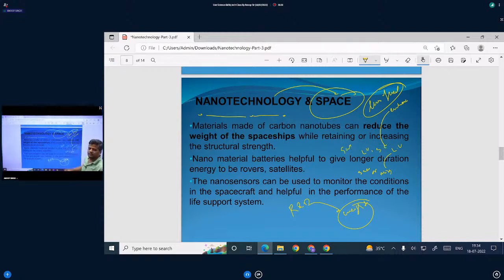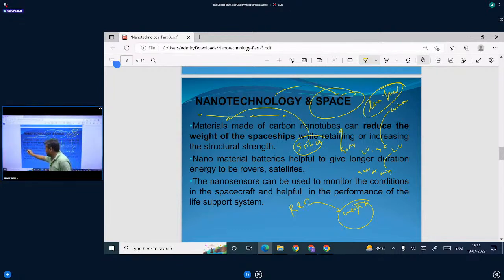If these particular components are made up of nanomaterial, then automatically their weight will reduce, and parallelly their strength will be enhanced. So that's why nowadays in space, nanomaterial plays a vital role.